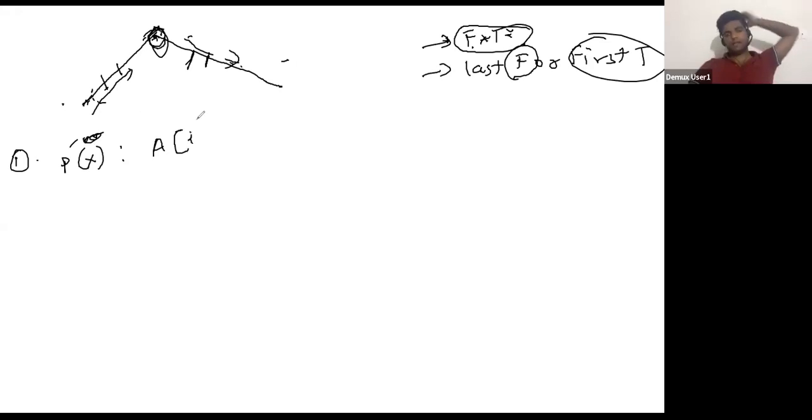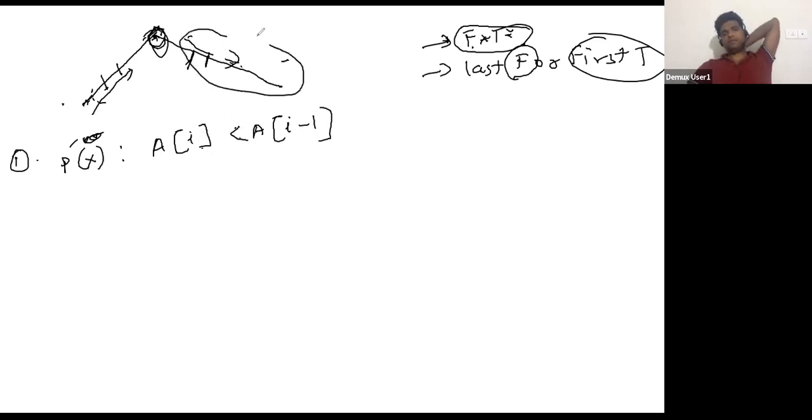A of I, I can simply say A of I is less than A of I minus 1, right? Yes, sir. This predicate will be true for this half, right? Yeah, exactly what you guys are also saying. I plus 1 also you can do, fine. So it will be true for this half. For this half, it will be false, right?